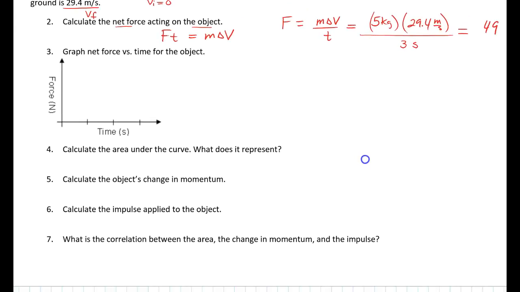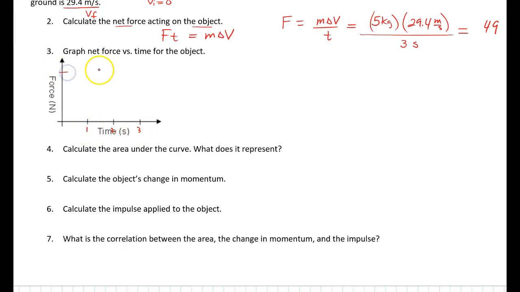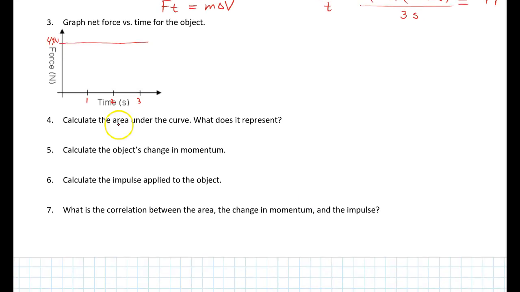Okay, let's graph this over time. 1, 2, 3 seconds, and that 49 newtons. We can assume that it's constant. So what is the area under this curve, even though it's a straight line?